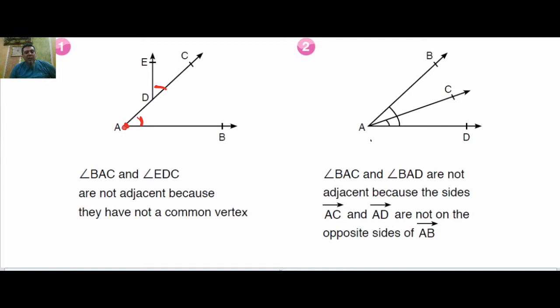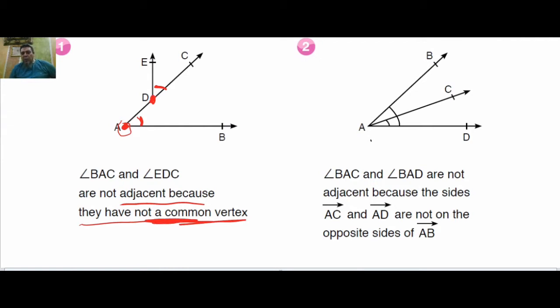The first angle, angle BAC, has vertex A. Angle CDE has vertex D. So the two angles don't have a common vertex, so the two angles are not adjacent.